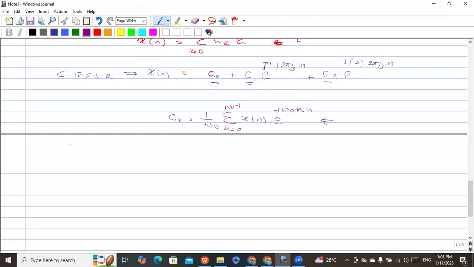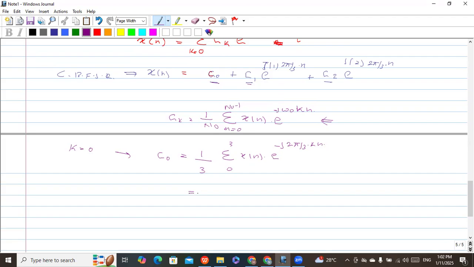So when k is 0, the c naught will be 1 over n naught. N naught is 3, and n from 0 to n naught minus 1, x[n] e to the power minus j omega naught, 2π by 3, k n. Now you have to expand this with respect to n.